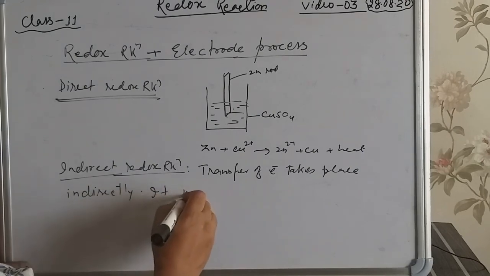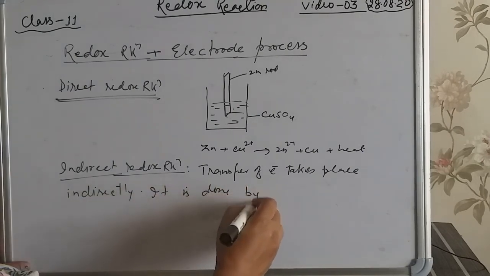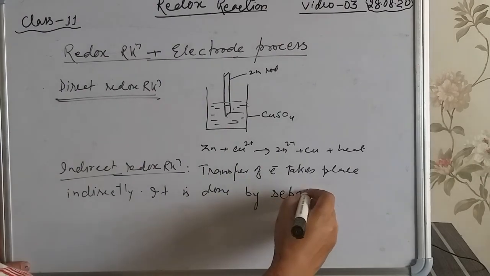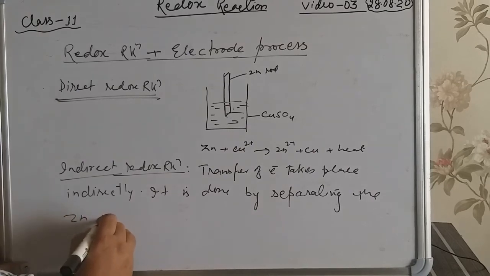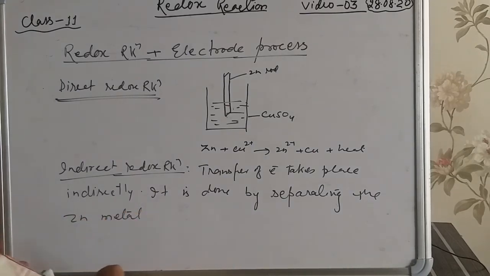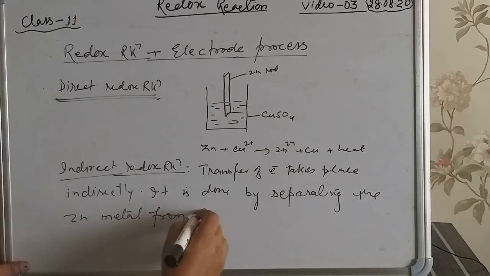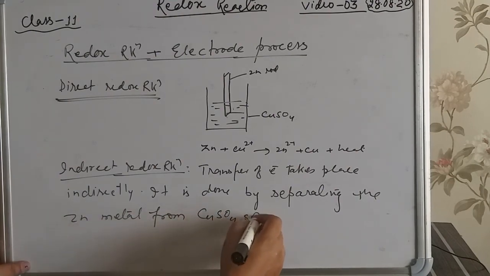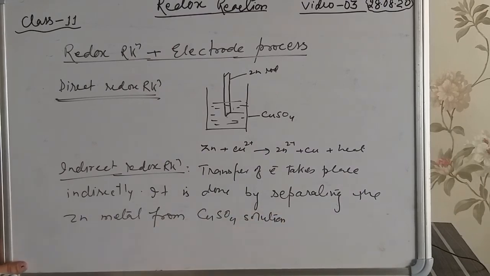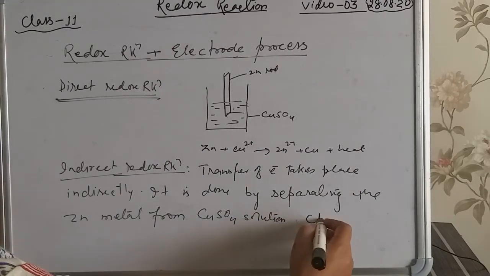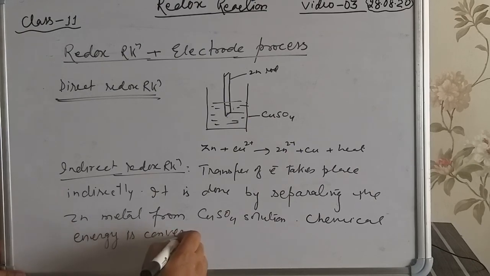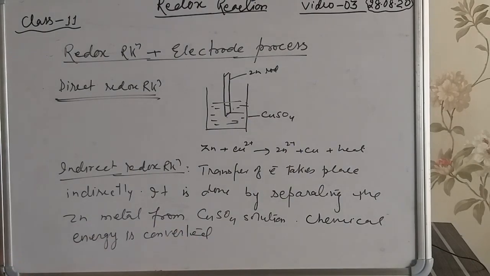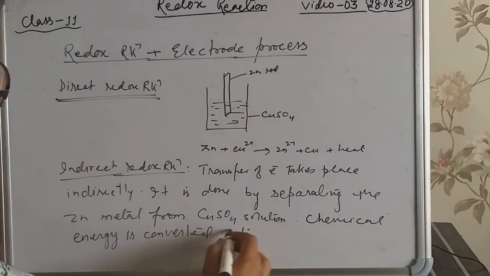It is done by separating the zinc metal from the copper sulfate solution. Chemical energy is converted into electrical energy.